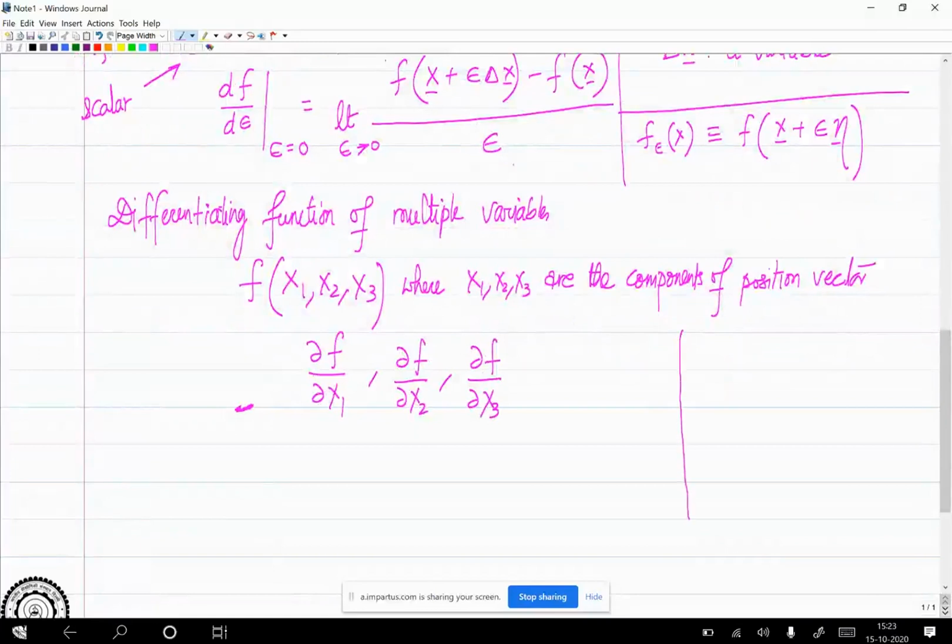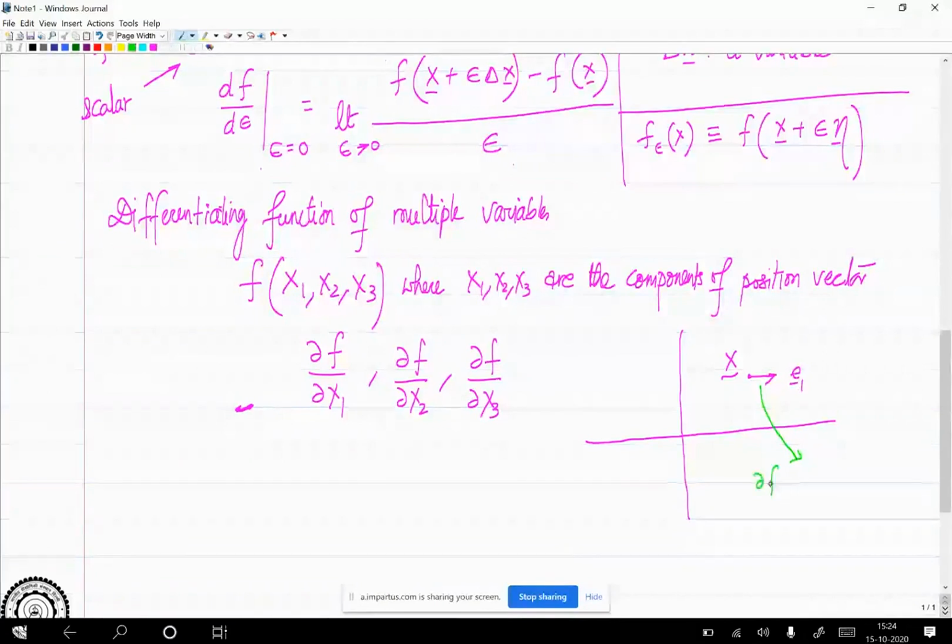If I want to see it geometrically, it means suppose I am at a point x and I see how this function f is changing as I move along E1, then that is going to give you del f by del x1.